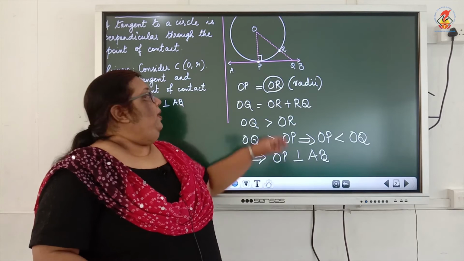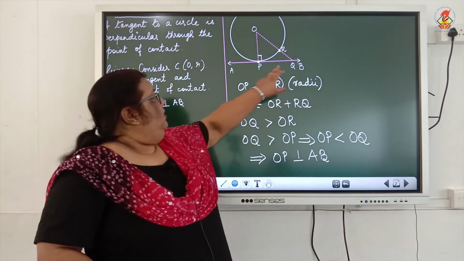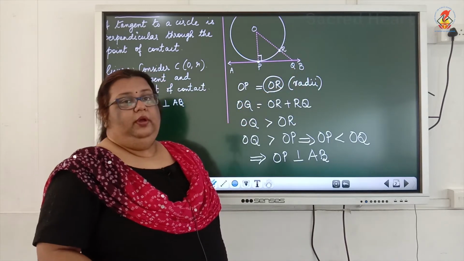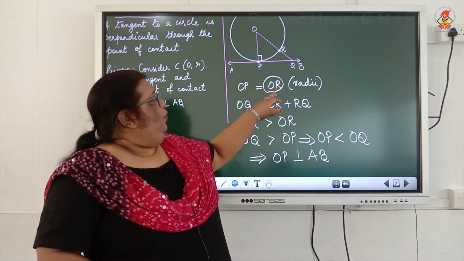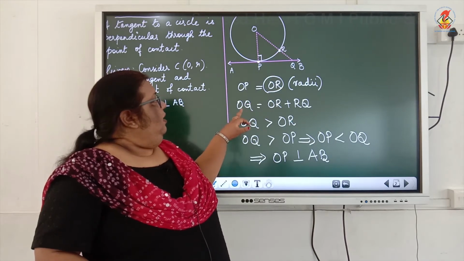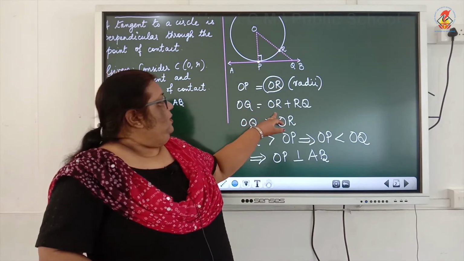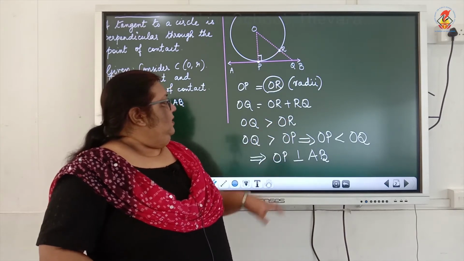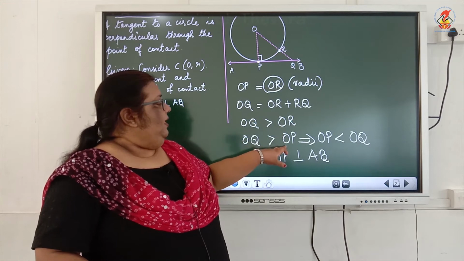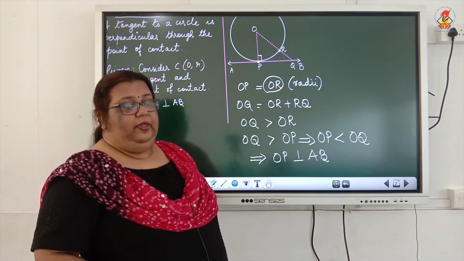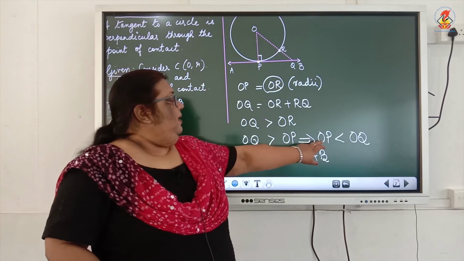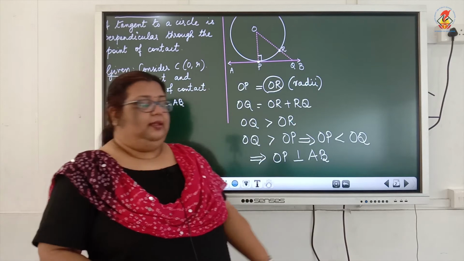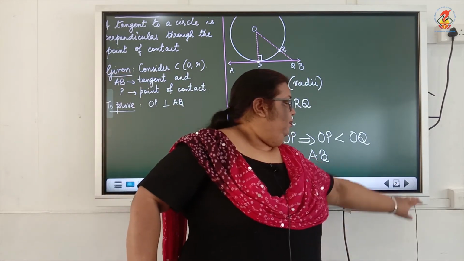For that we are taking another line segment OQ. We are drawing a line from O to Q. Then OP is equal to OR, radii of the circle. But OQ you can split as OR plus RQ. So definitely OQ is greater than OR. Instead of OR, I can write OP, because both of them are radii of the circle. This implies OP is less than OQ, so OP is the shortest distance that can be drawn. Hence the proof.